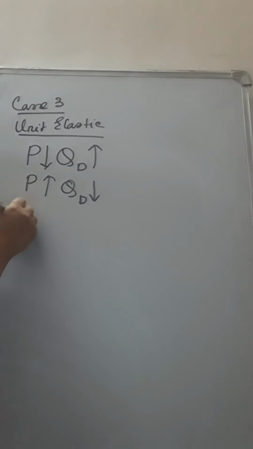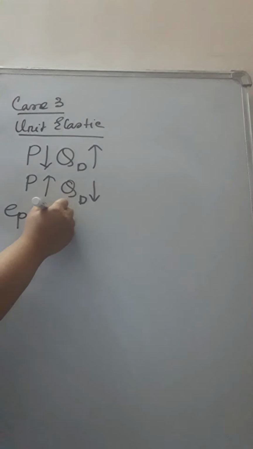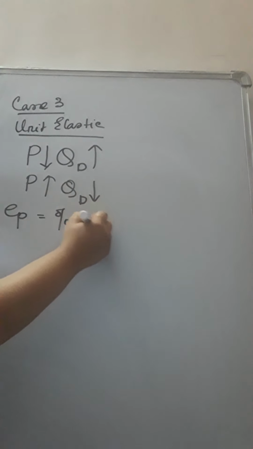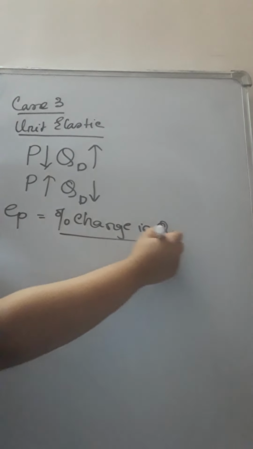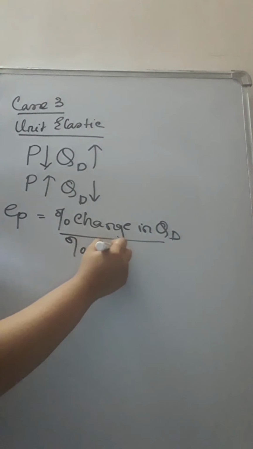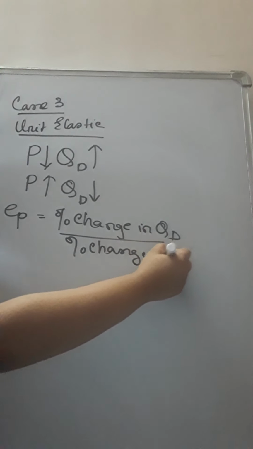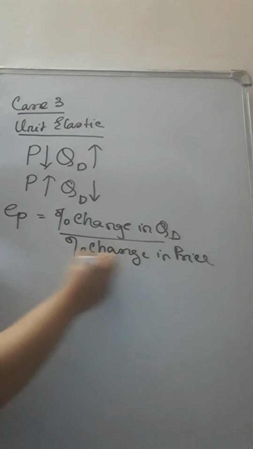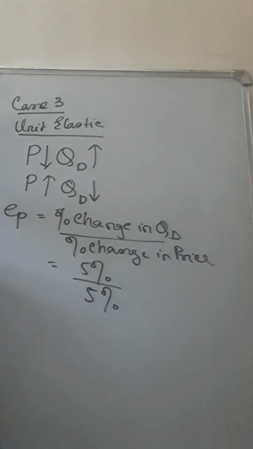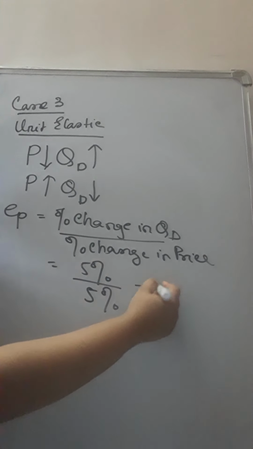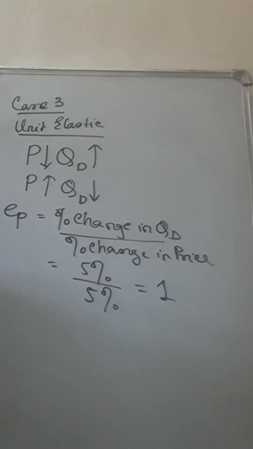So how to measure the value of elasticity? It is percentage change in quantity demanded by percentage change in price. And if we have the same percentage change, suppose 5% change in quantity demanded due to 5% change in price, the percentages get cancelled, 5 and 5 get cancelled, and it equals 1.